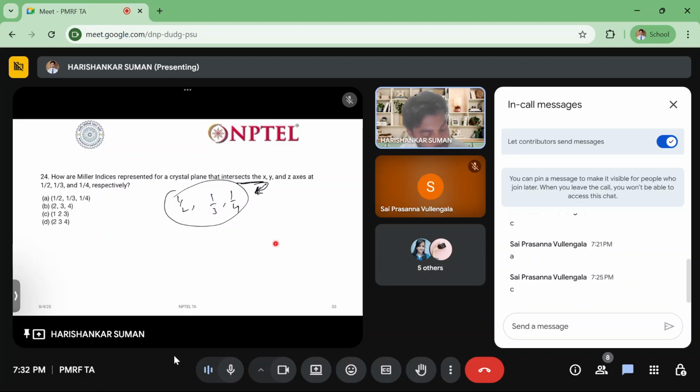Now please find the HKL. Simple, take the reciprocal: 2, 3, 4.